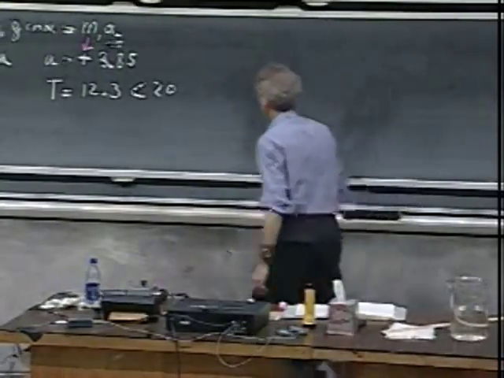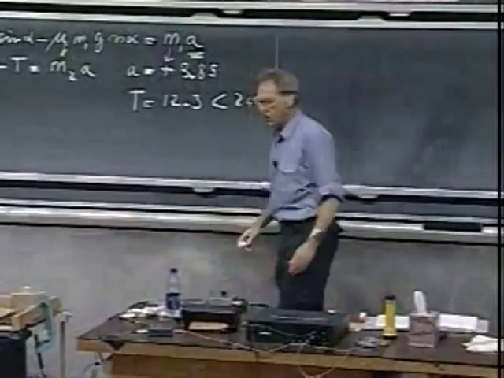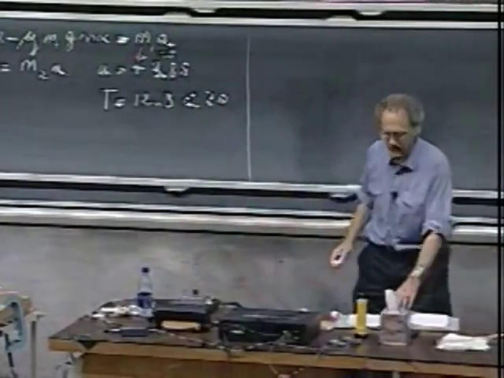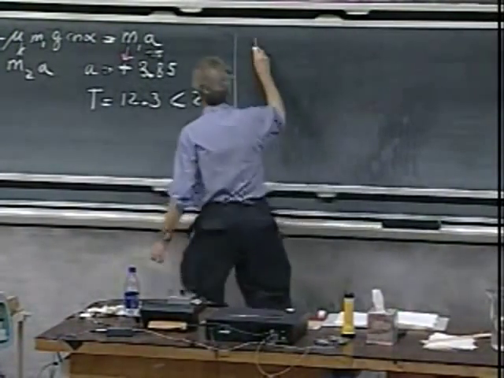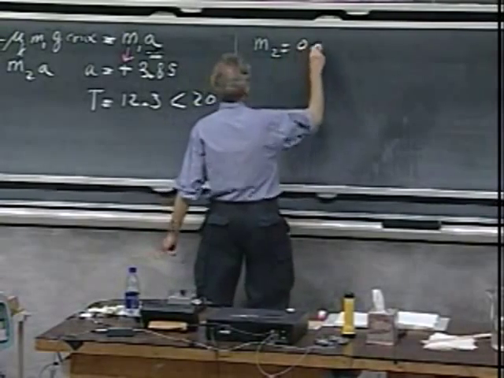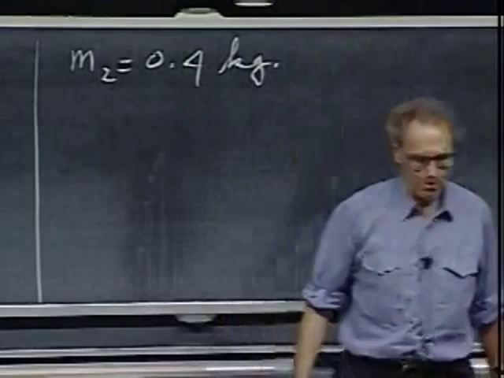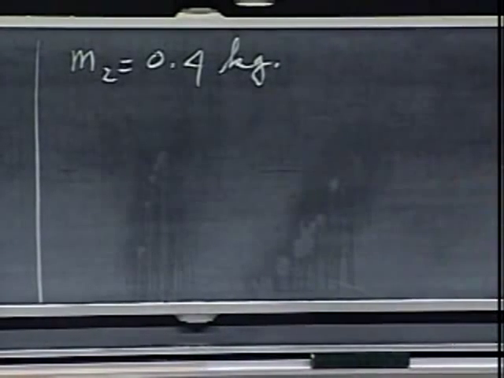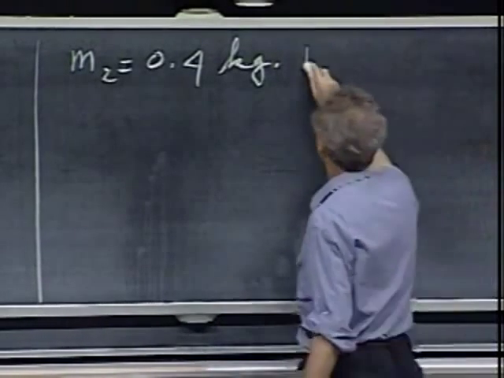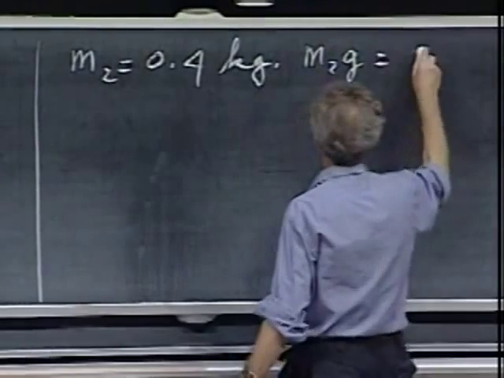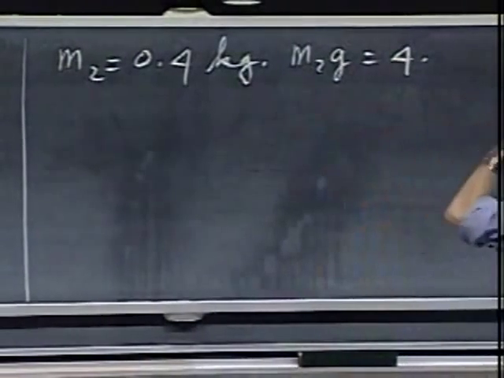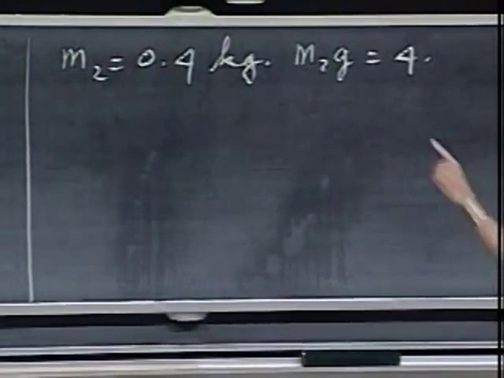Now, we take the same situation. I leave everything unchanged, but I make the second mass, m2, 0.4 kilograms. So now all the numbers remain the same, except that m2 g now becomes 4. Now I'm going to test again.